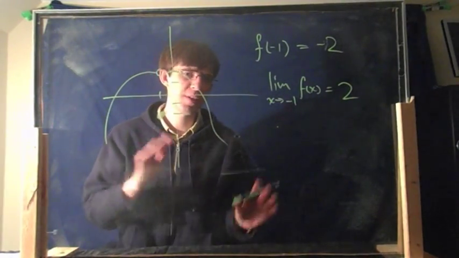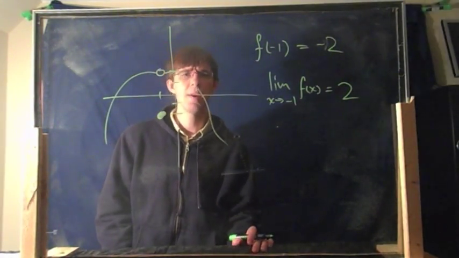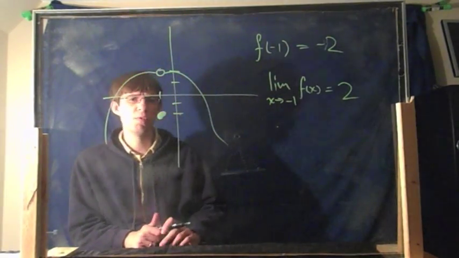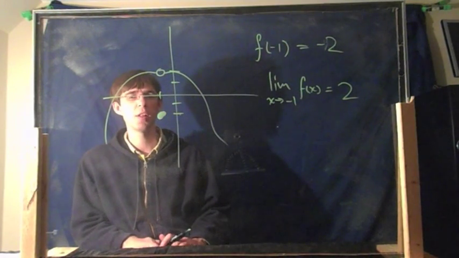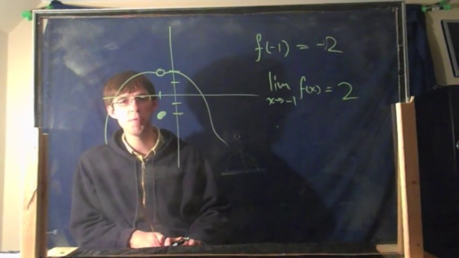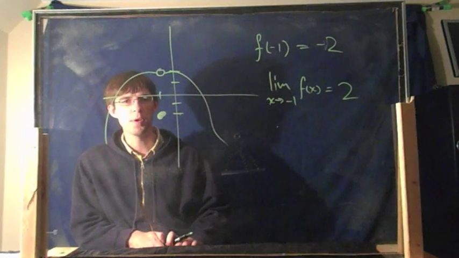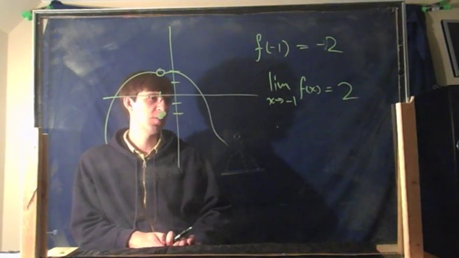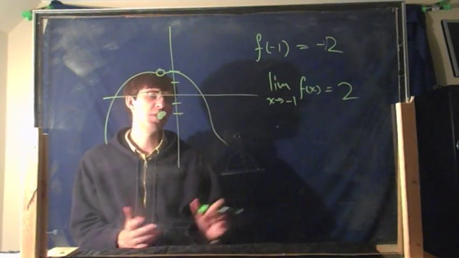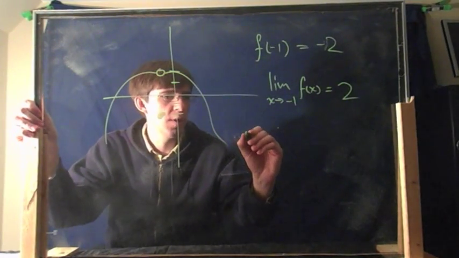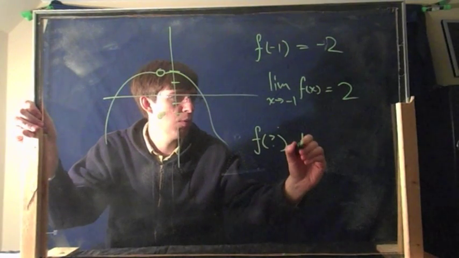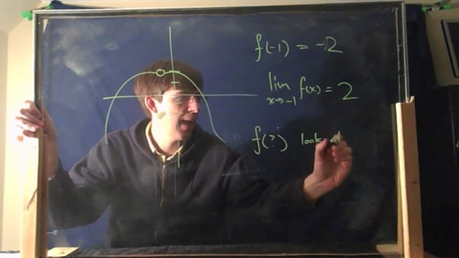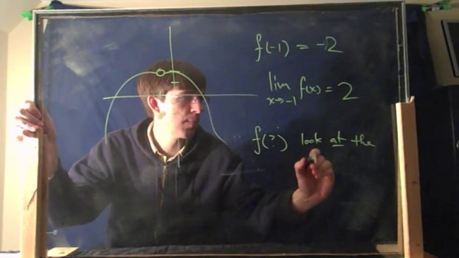Basically, if you want to boil it down to some sort of slogan, I'm not big on cutesy little slogans in mathematics. I think it's always better to actually understand what you're talking about rather than memorizing some sort of cutesy thing. But one convenient way to think about this: typically, if you want f of whatever, you look at the point.